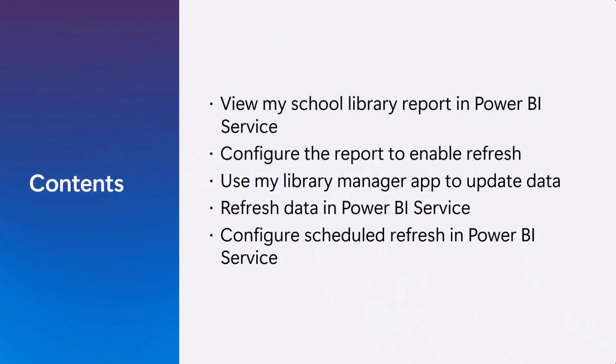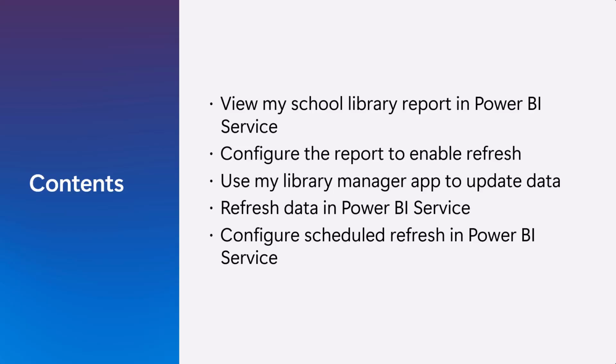To begin with, we're going to view the school library report in the Power BI service. We're then going to configure the report so that refresh can take place. We're then going to use the My Library Manager model-driven app in order to be able to update the data, and then refresh the data in the Power BI service.